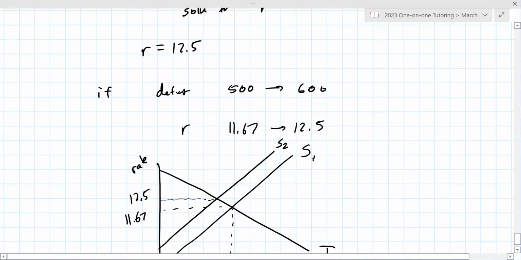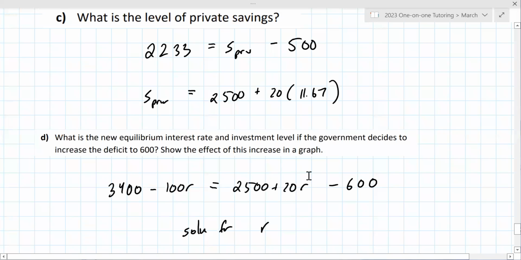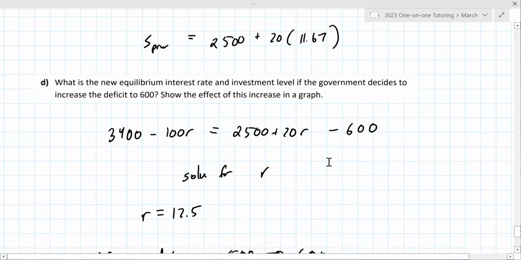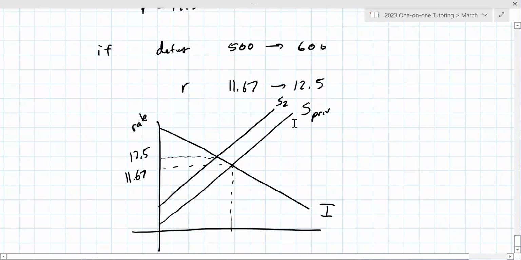Private, I thought, so I was graphing the equation, this one right here. But then how does it move? Because if it includes the deficit, then isn't it private and public, so national? It's a good question. Because if you subtract this, it would actually go lower. So I don't know.